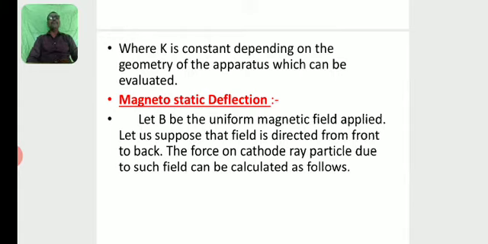Then magnetostatic deflection. Let B be a uniform magnetic field applied, and let us suppose that the field is directed from front to back. The force on a cathode ray particle due to such a field can be calculated as follows.